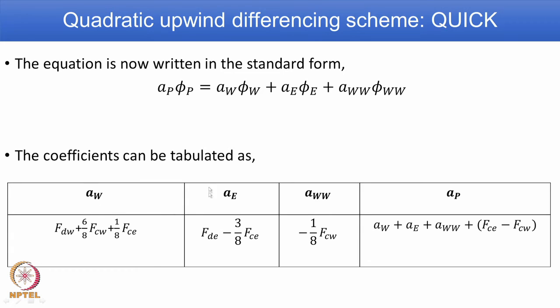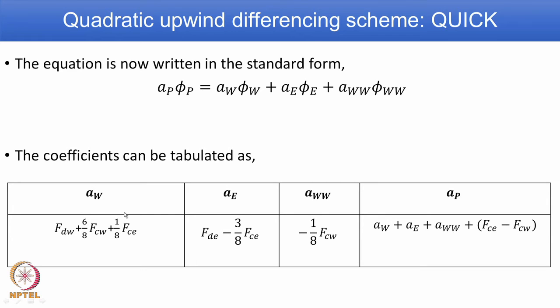So, AW, AE, AWW and AP are the terms in this equation, and we write the corresponding coefficients. We can again observe that the coefficients for AW and AE appear as terms in the coefficient for AP. Hence, we replace them with the corresponding coefficients, that is AW and AE.